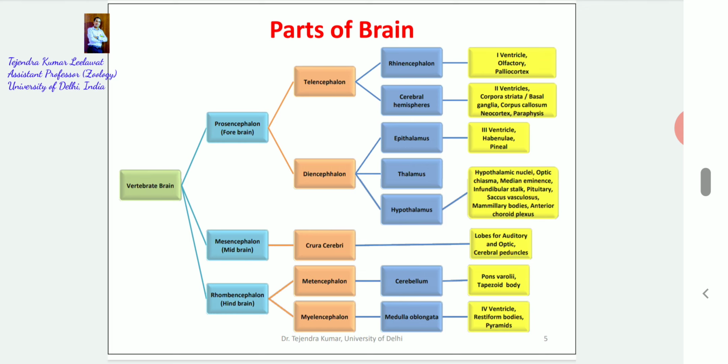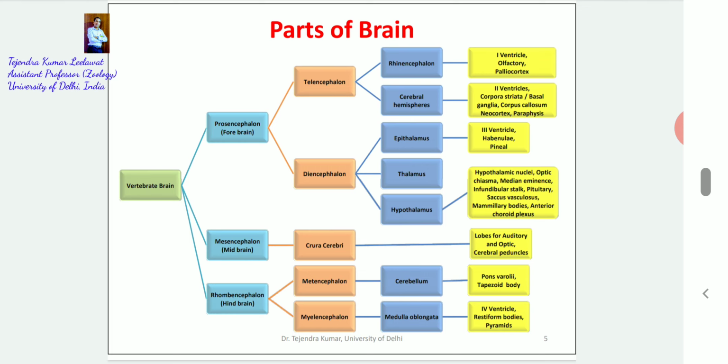Now I am coming to the first, rhinencephalon. Rhin means nose. Generally we know an animal, the rhinoceros, right? So why do we call it rhino?